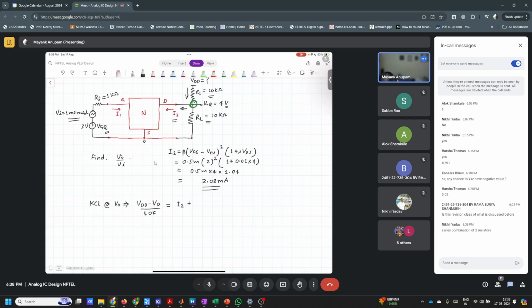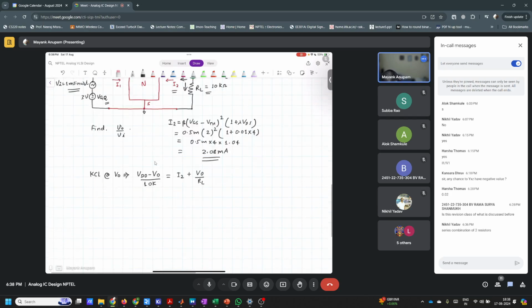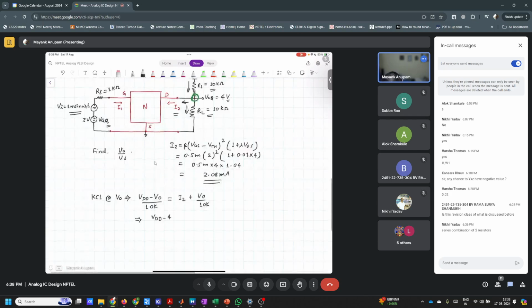This guy is VO divided by RL, where RL is equal to 10 kilo. So how much is this? VDD minus VO we already know. VO is 4 volts. 4 volt divided by 10k should be equal to I2, we know it's 2.08 milli, plus VO again is 4 divided by 10k.